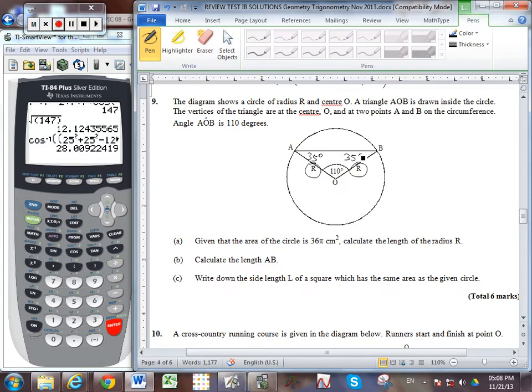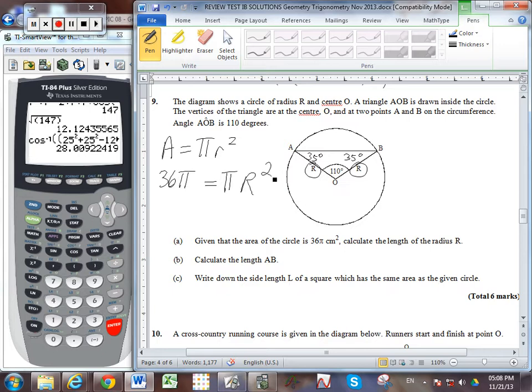Okay, part A. Given that the area of the circle is 36 pi centimeters squared, calculate the length of the radius. Well, now I know that the area of a circle is pi r squared. Let's substitute what we know. We know our area is 36 pi, and I know that r is the capital R in my diagram.